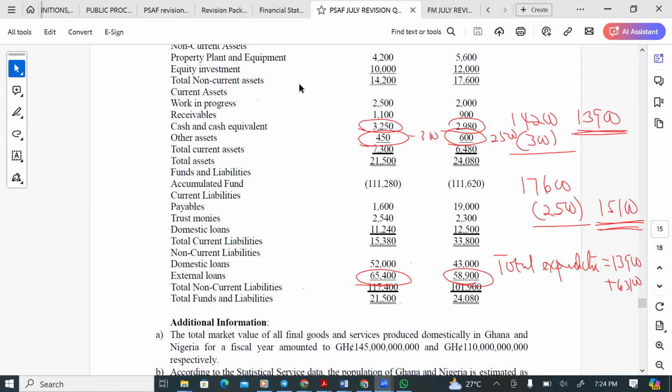It's just a loan that we are giving to our employees. But they are going to take time to pay, so that is why they are classifying it as a non-current asset, and they are including it in equity investments.